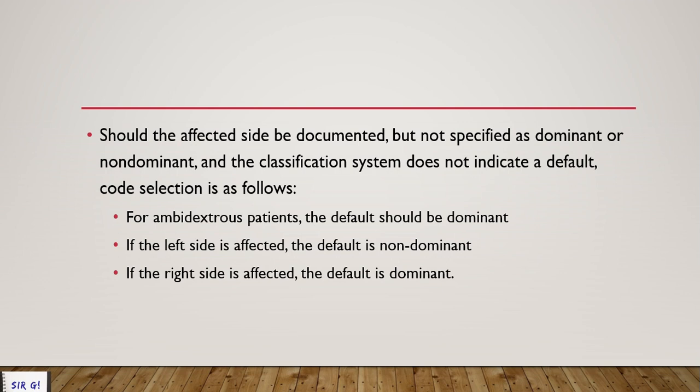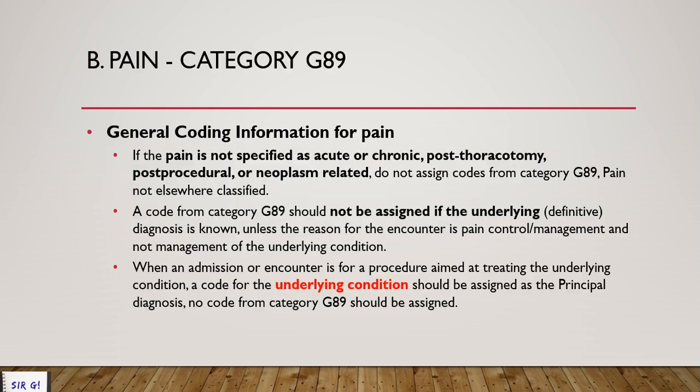A common exam question that I encounter is in the next guideline, your pain, category G89. This is a common question, and a lot of students make mistakes in coding this. Even in production, I actually encountered a lot of G89. So, general coding information for pain.